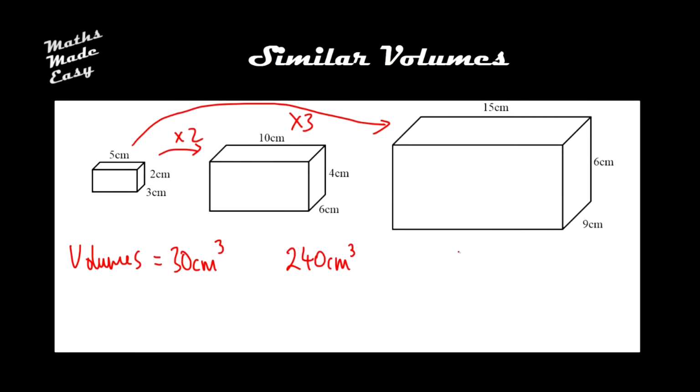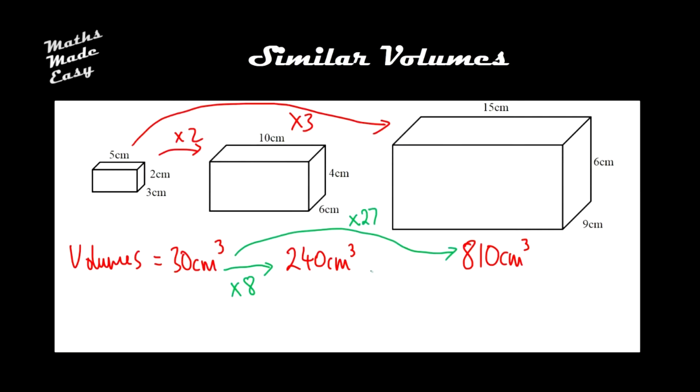And the final one would be 15 times 6 times 9, and this would come out as 810 centimeters cubed. So if the scale factors for the lengths were 2 and 3, what about the volumes? Well, the scale factor from the first to the second in terms of volume is times by 8, and to get from the first to the third is times by 27.